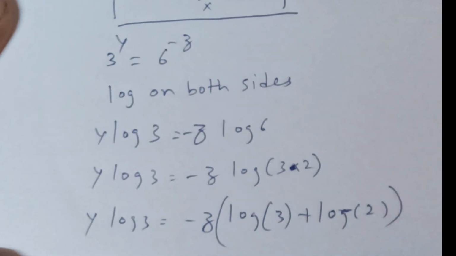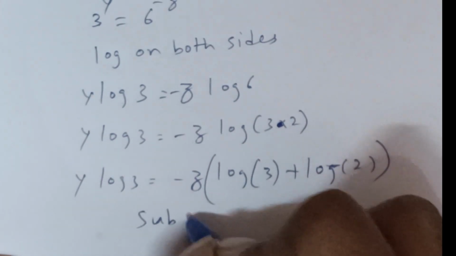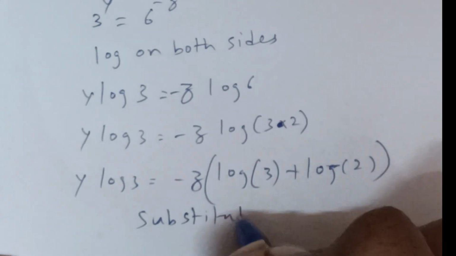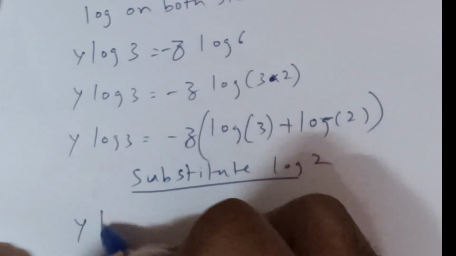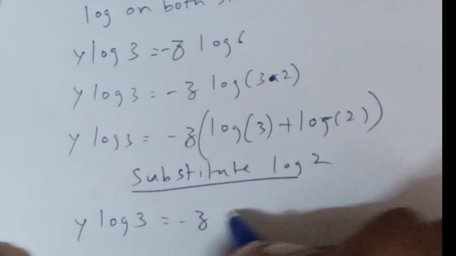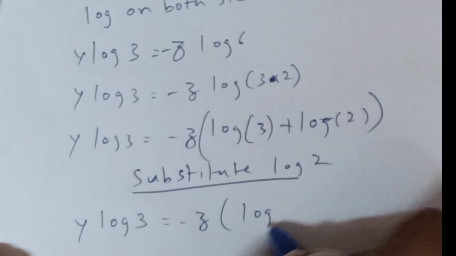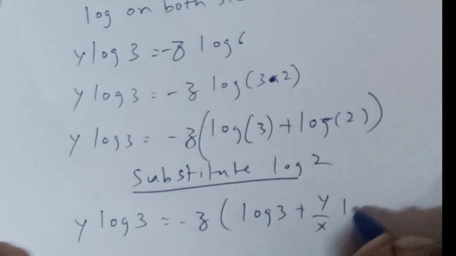Now let's substitute the log 2 value from the above equation, log 2 equal to y by x log 3. So then y log 3 equal to minus z times log 3 plus y by x log 3.